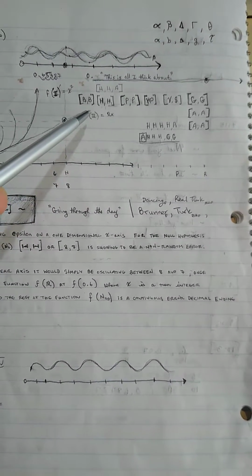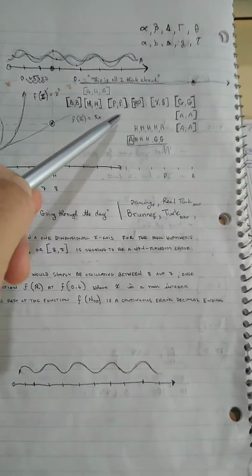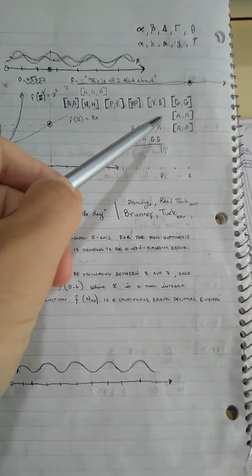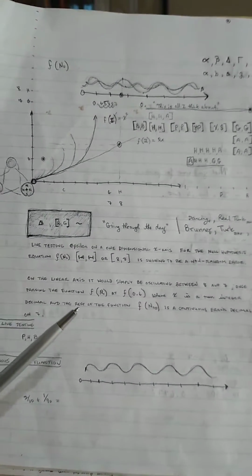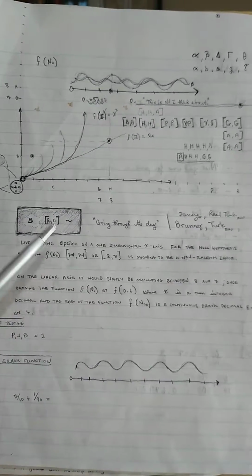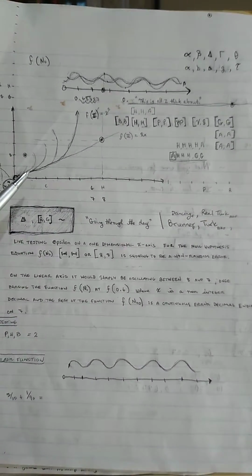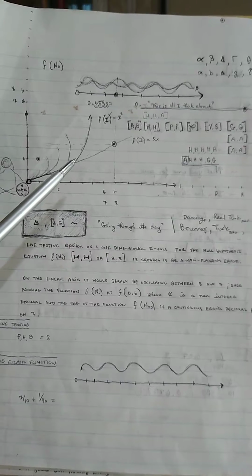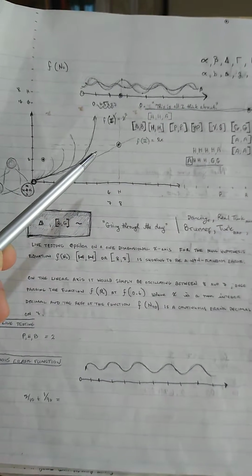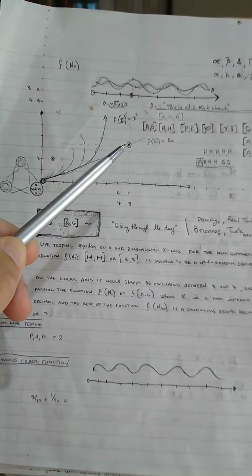So you have B and B, H and H, P and P, VP, VS, G and G. So it just so happens that these are some of the outputs that are coming on the surface of a function, that lie on a function, and that are basically random errors.